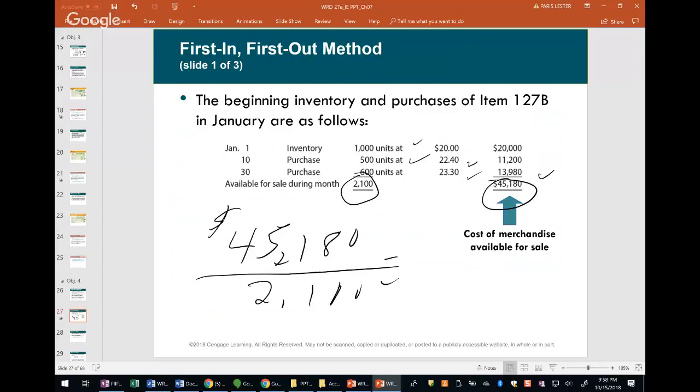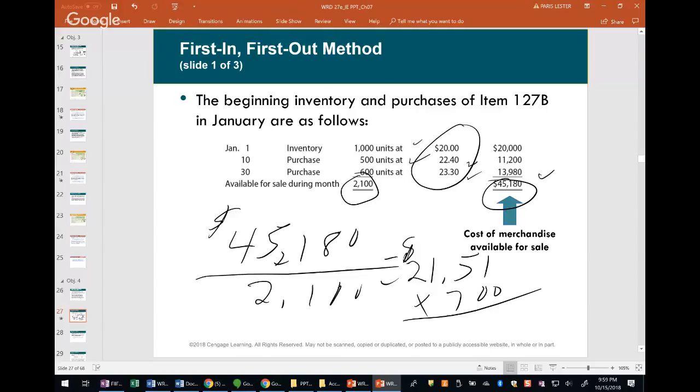A couple of you actually use your calculators. All right, what's my average price? 21 what? Anybody else get 21.51? Is it somewhere in between the high and the low here, isn't it? It's more than 20 and less than 23. It's got to be somewhere in the middle. And you simply multiply that by 700 units to get your ending inventory.